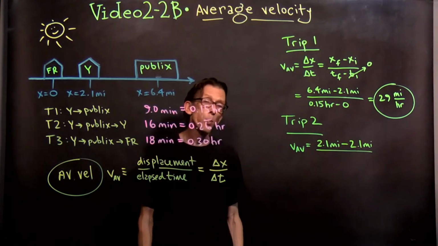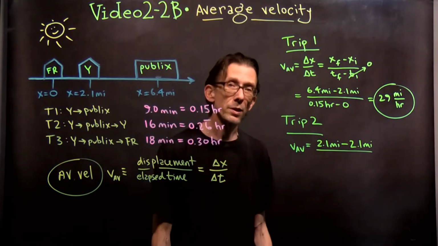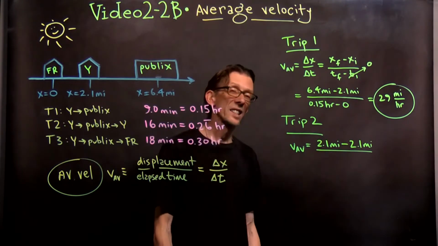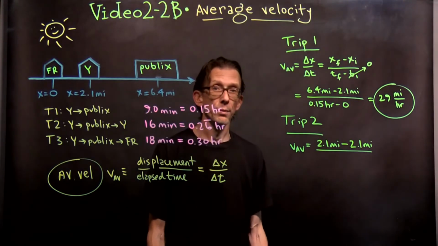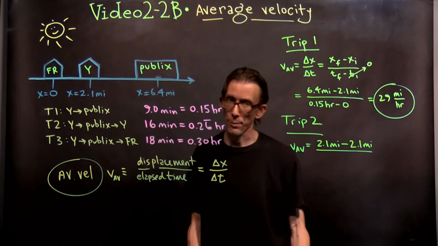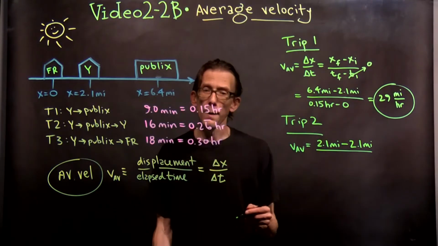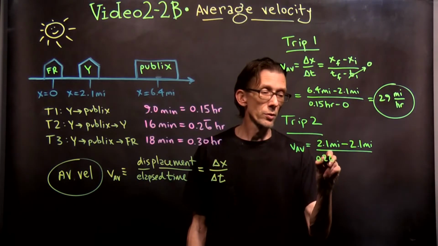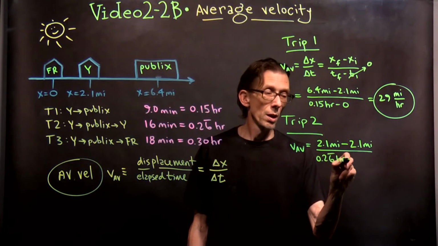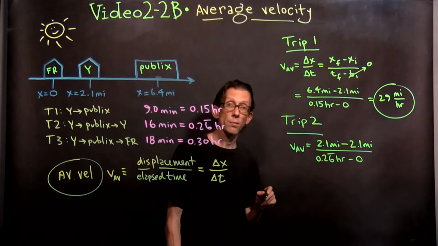So x sub i is 2.1 miles. Sub means subscript. T sub f, the final time, is 16 minutes, or 0.26 repeating hours. Again, we're starting our time at 0. That's pretty standard.